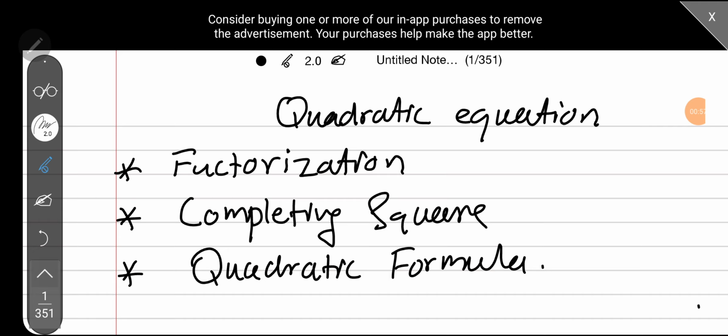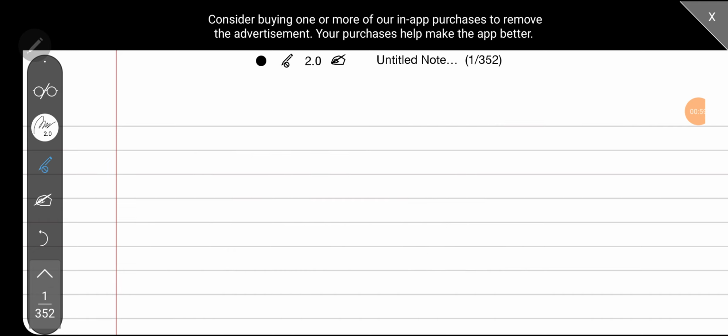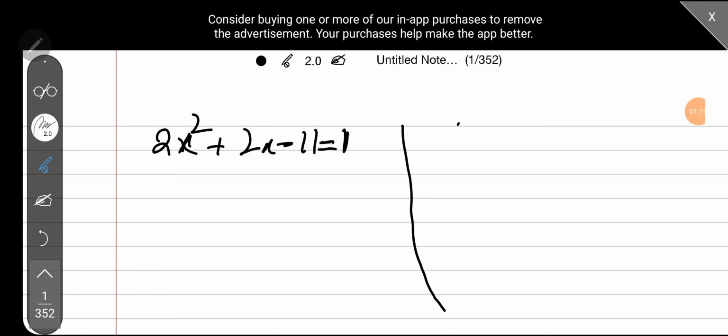Starting from the first method, let's suppose we have a quadratic equation. In order to solve this equation by the first method, which is the factorization method, we will simplify this equation.